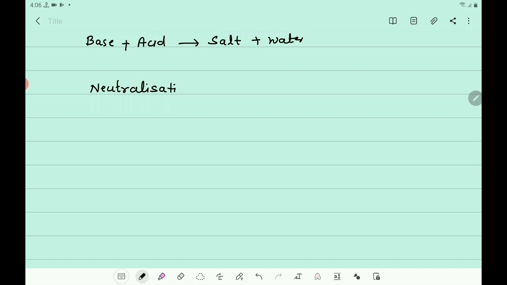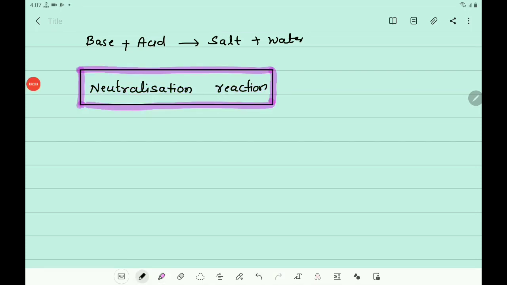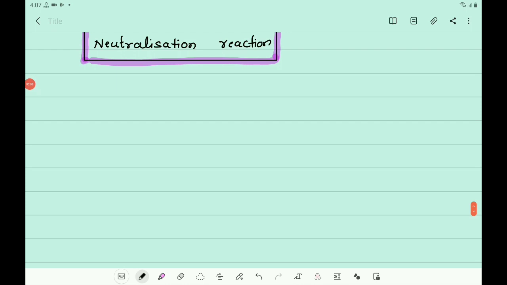So write that down: neutralization reaction. What is a neutralization reaction?